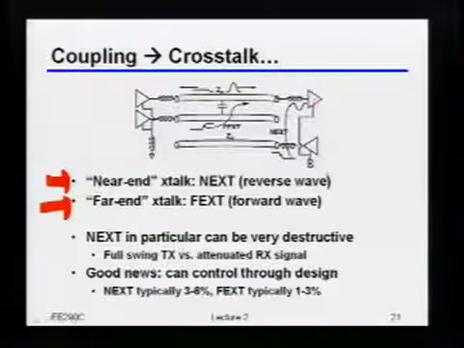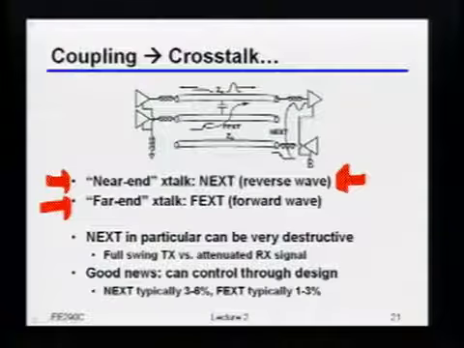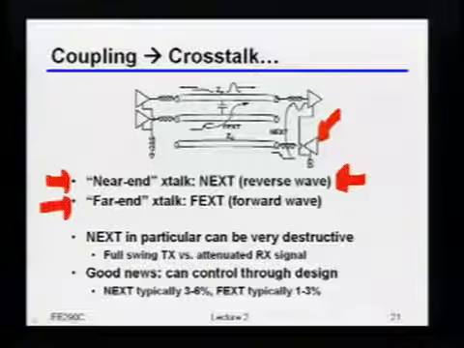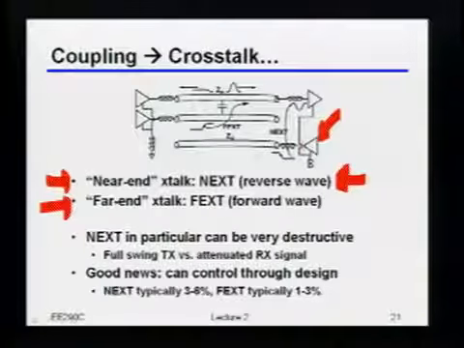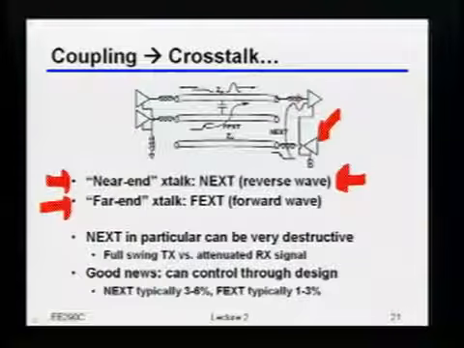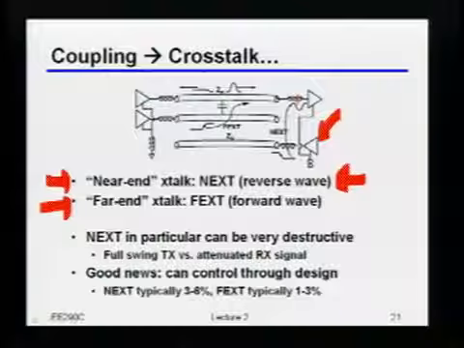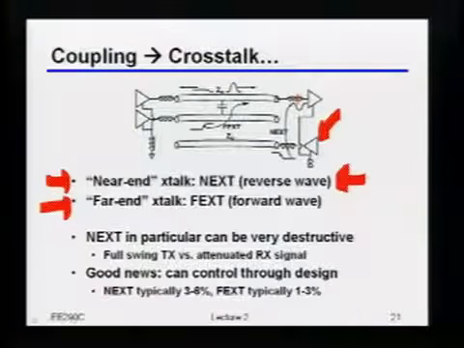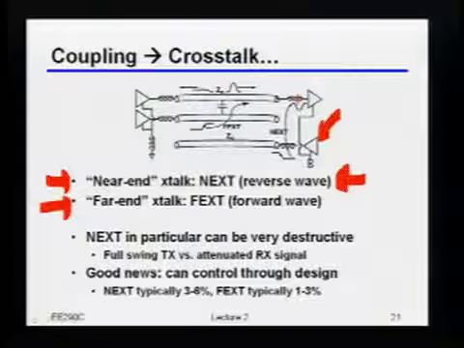So as you can hopefully tell from this picture, the near-end crosstalk in particular can be really, really nasty, right? Because you've got your transmitter, which has this nice, healthy signal that it's ready to send. And if that transmitter is close to the receiver, and it has some coupling into it, then you're going to take that nice big transmit signal and slam it right onto the small receive signal that you're trying to make out inside of all this noise, right?